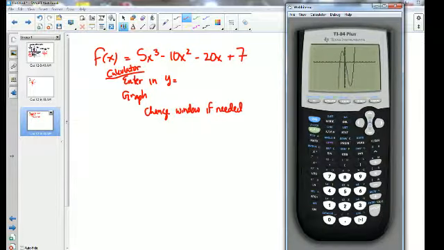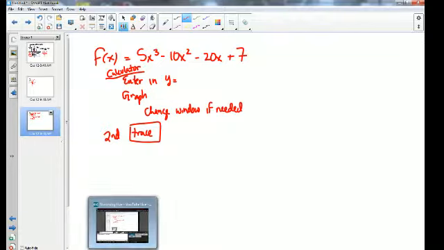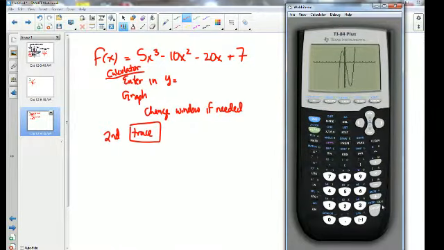Okay, to calculate min and max, if you hit second, this is how you calculate a min or max exactly.